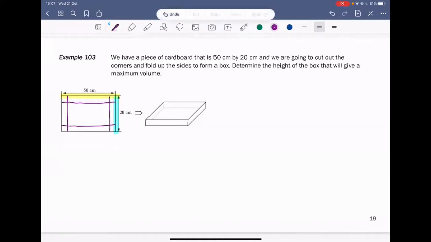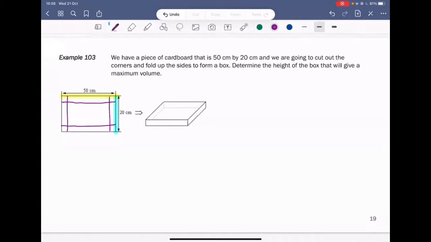When you get a box, you can compute the volume, right? The volume is just width times length times height. So you can define this problem in mathematical notation, and then solve for the maximum.